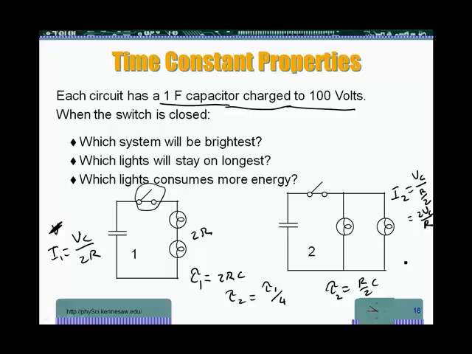So you notice here that I2 is actually equal to 4 times I1, which will make each of the currents I light twice I1.